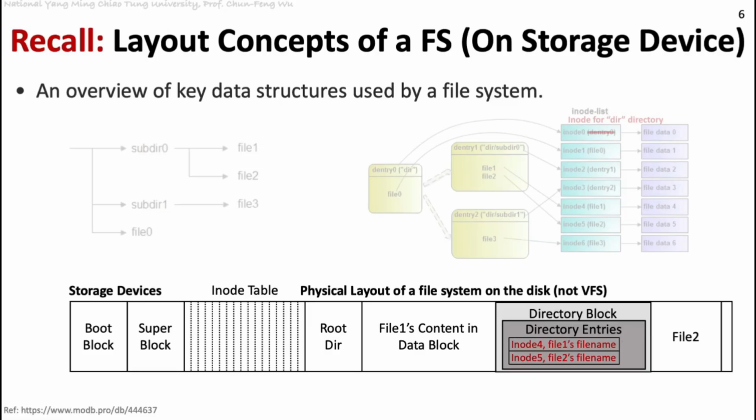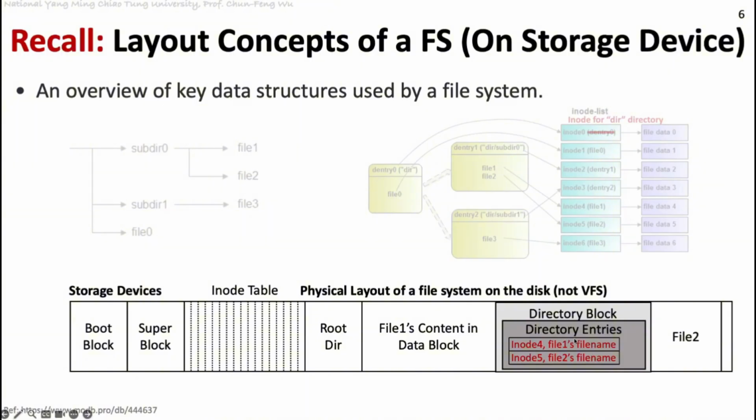I would say it is the same thing, but the content inside the data block is different. So for a directory block, we only put the directory entries inside, and the directory entries will look like this. This is the name of file one, and then the inode number related to file one.